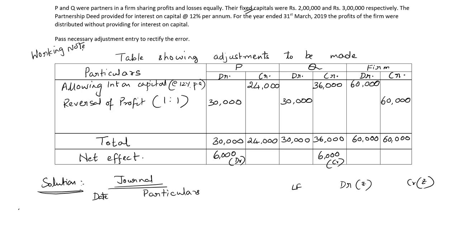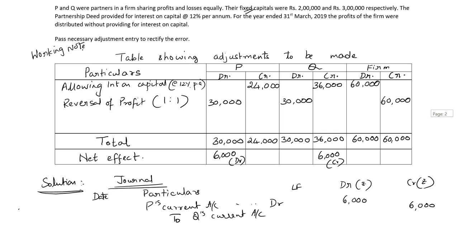We'll have to debit P's current account. So P's current account, debit, to Q's current account. 6,000 rupees for P and 6,000 rupees for Q.